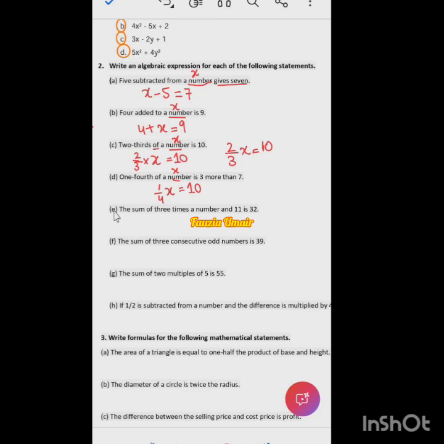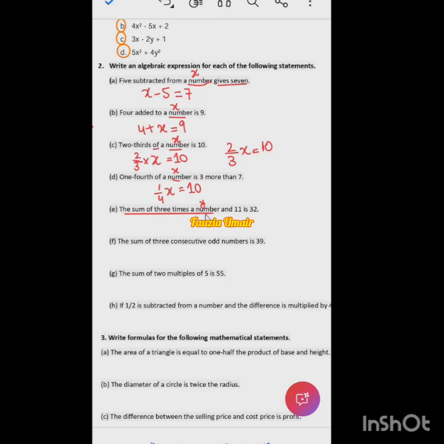Okay. So then E part is the sum of three times a number and 11 is 32. So let's look at this part first. The sum of 3 times a number. So let's assume this number is y this time. So the sum of 3 times y. So what is 3 times y?